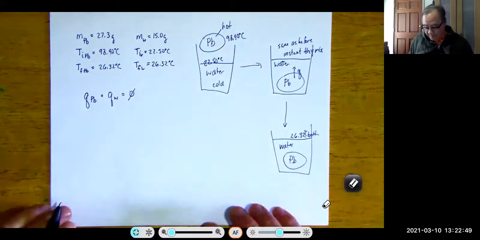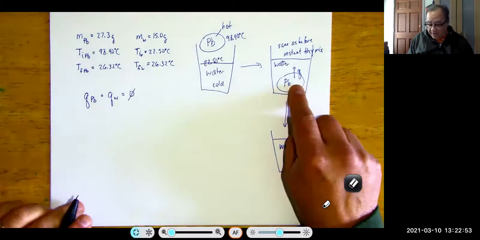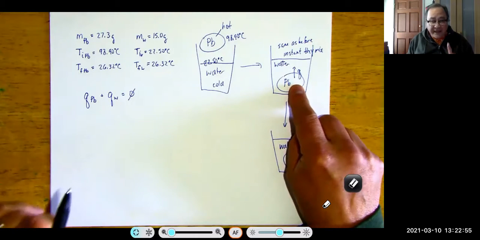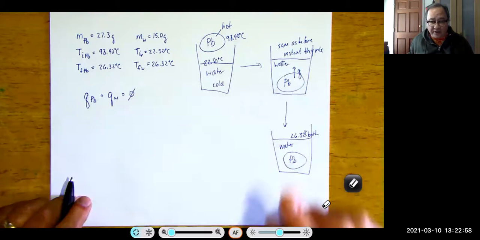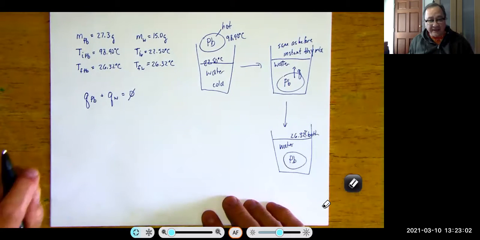All right. So this is a very important drawing because this shows you that the amount of heat that enters the water is equal to the amount of heat that leaves the lead.